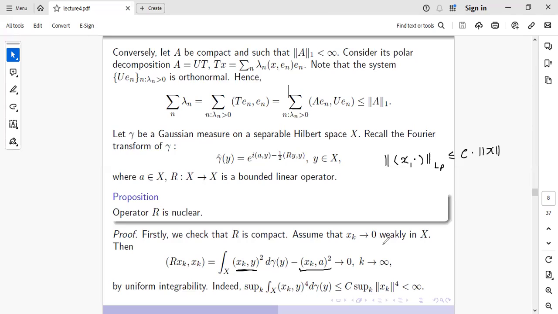Now, a weakly convergent sequence is bounded, so we can uniformly estimate higher moments of (x_k, y), which means that we have a uniformly integrable sequence that pointwise converges to 0. So the integrals will also converge to 0.